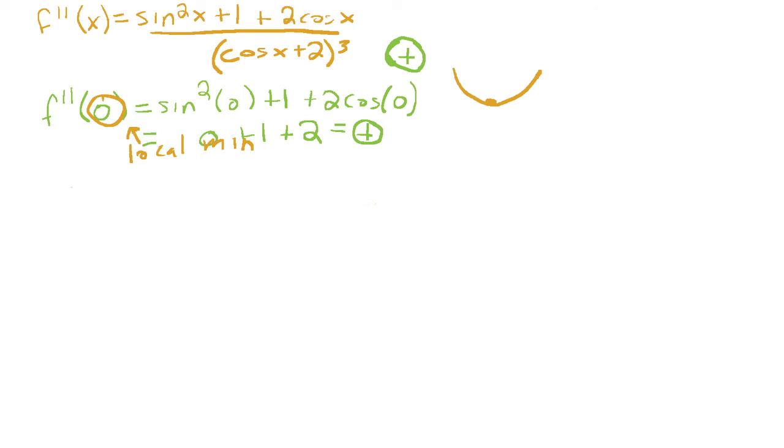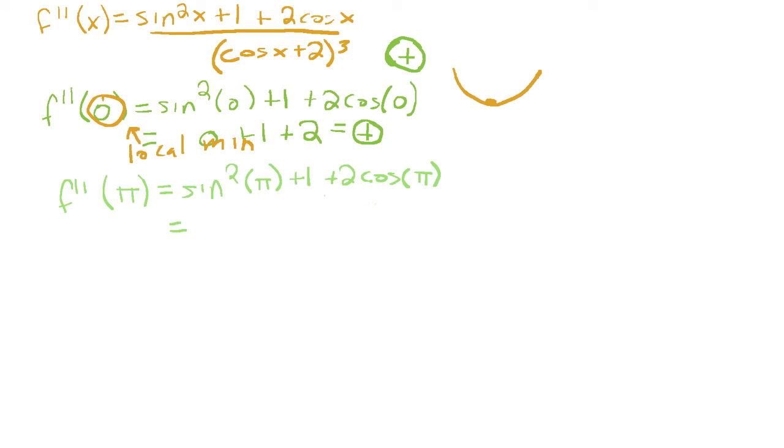Okay, and then if we plug in pi, we would have sine squared of pi plus 1 plus 2 cosine of pi. Now, cosine of pi is -1.